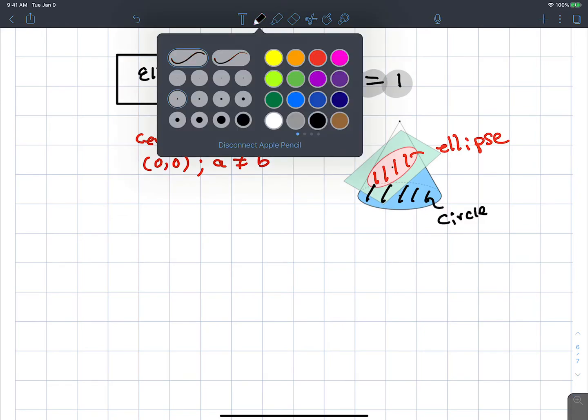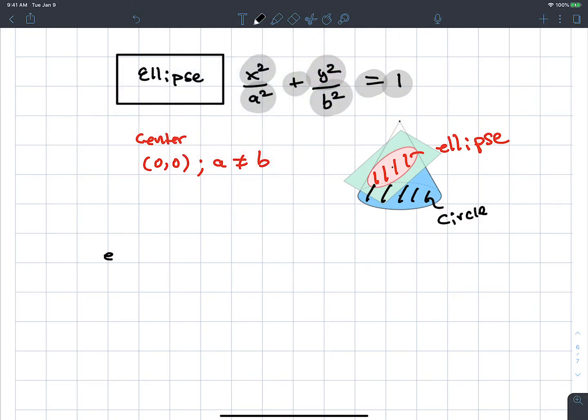Anyway, okay, let's look at an example here. They want us to sketch this curve. We have x squared over 16 plus y squared over 4 equals 1. So what you have to notice is a couple of things here. You have x squared and y squared, and they're both over constants.